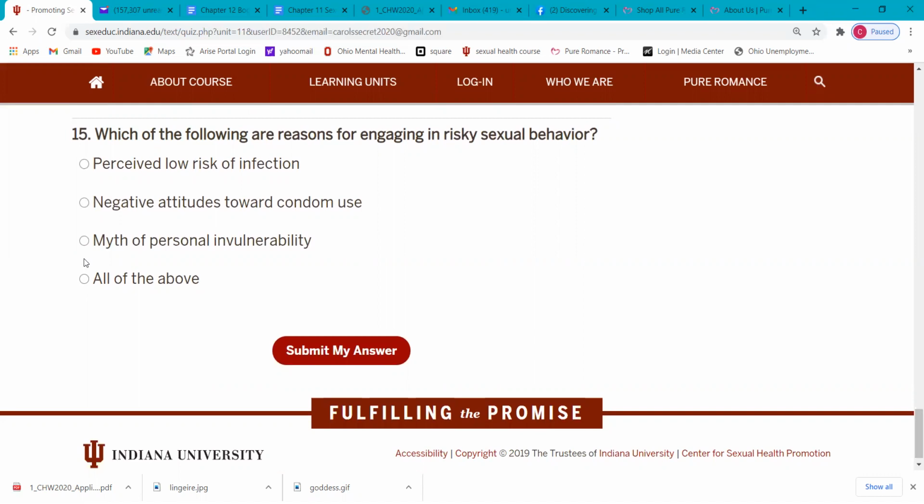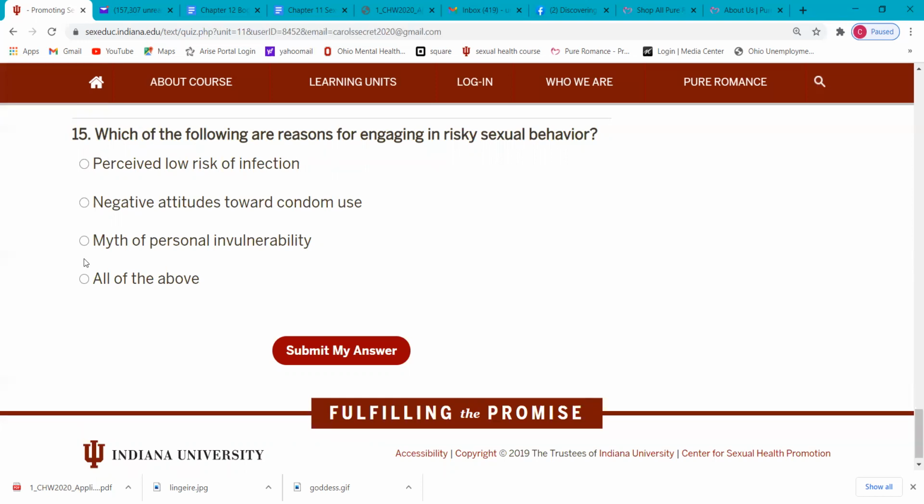These are reasons for engaging in that risky behavior. I ain't worried about nothing. Who cares? A lot of people do oral sex without condoms with people they are not in long-term relationships with, or without any testing or communication done. They do oral favors for each other without that backup, because they have a perceived low risk of infection.